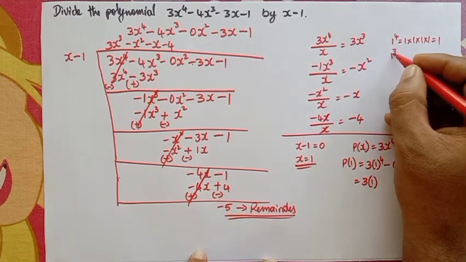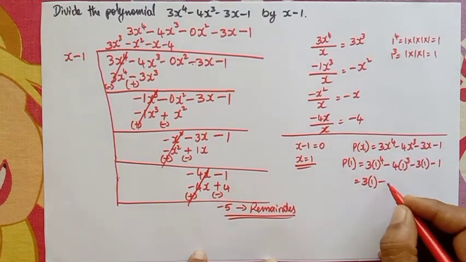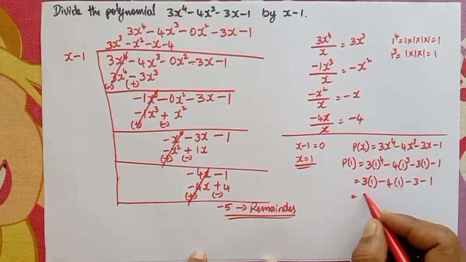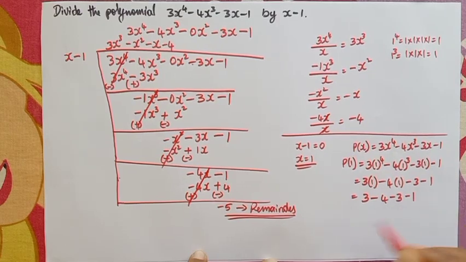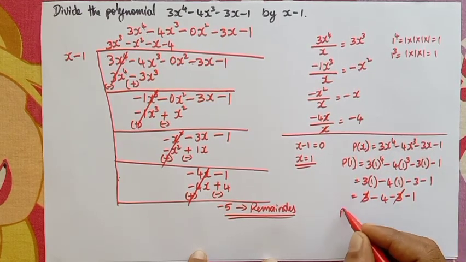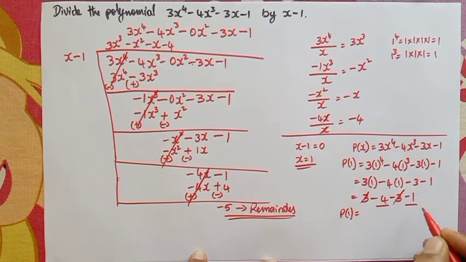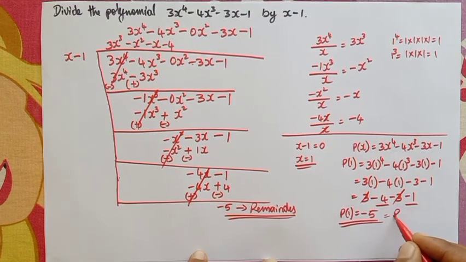Likewise 1 cube is 1. So minus 4 into 1, minus 3 minus 1 is equal to 3 minus 4 minus 3 minus 1. So plus 3 minus 3 cancels. So p of 1 is equal to minus 4 minus 1, which is minus 5. This is nothing but the remainder.